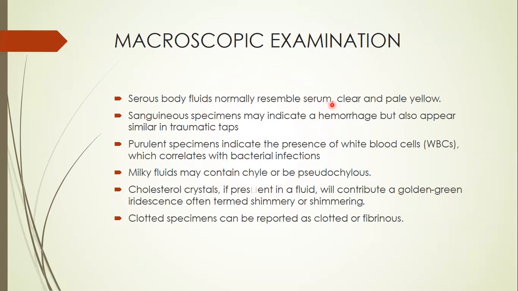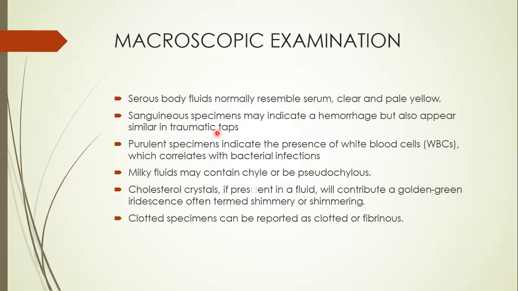So the normal serous fluid is clear and pale yellow. However, certain colors, okay, of your serous fluid may actually denote something. For example, reddish or serosanguinous specimens may indicate that there is an active hemorrhage of the organ associated with that fluid, or it may also appear in traumatic taps.